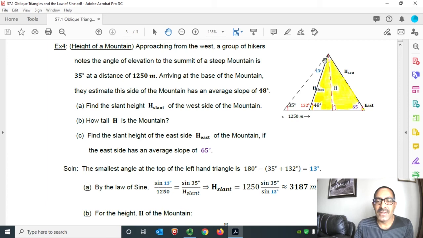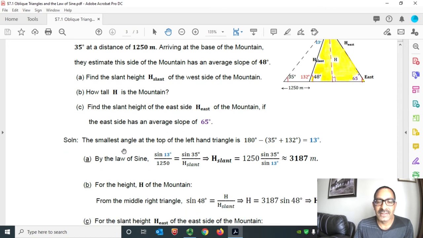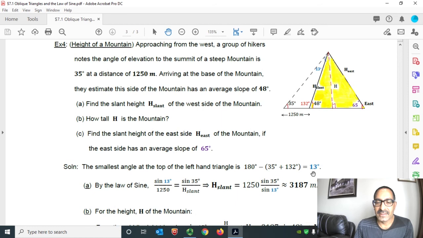Then this unknown angle equals 180 degrees minus the sum of these two angles, which turns out to be 13 degrees, which I did here.